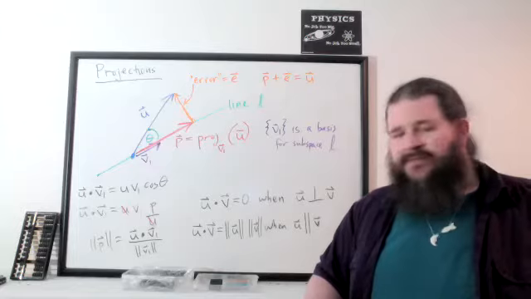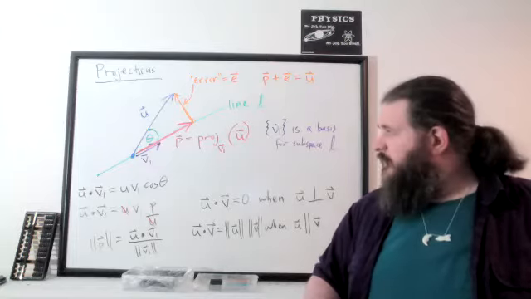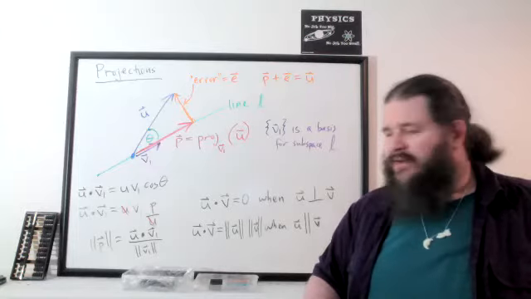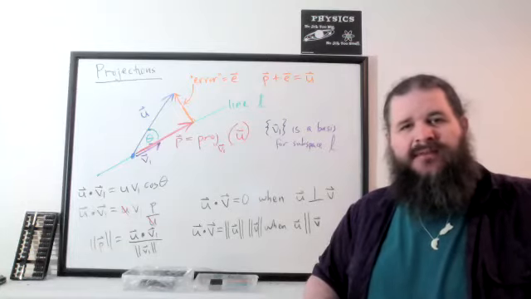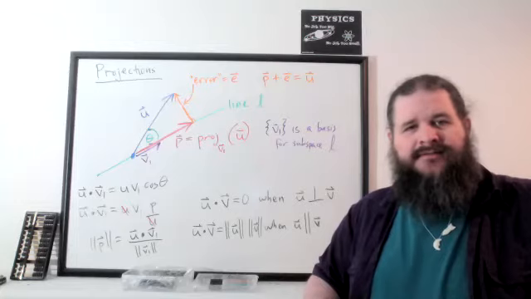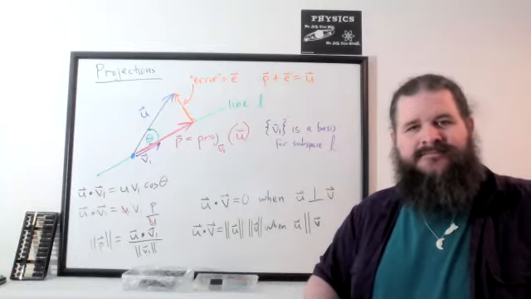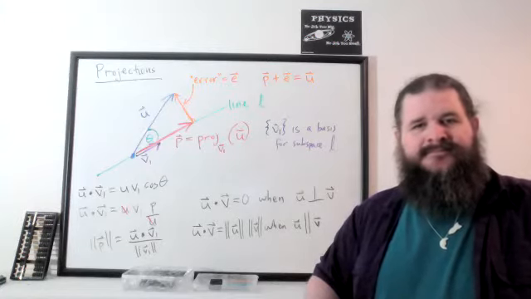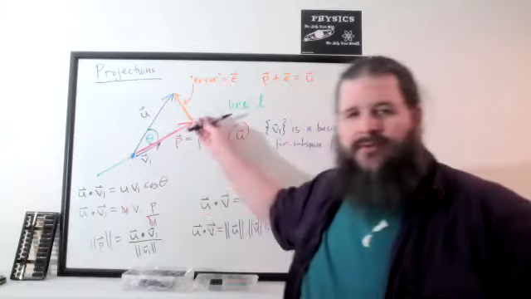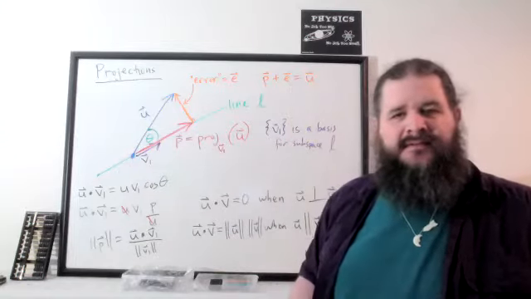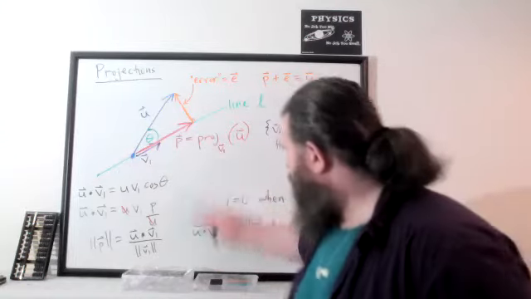Of course, a vector needs magnitude and direction. So if we really want to write out vector p, we need to have a direction as well. However, vector p should be in the same direction as what other vector? Vector p is in the same direction as, yeah, same direction as v1.